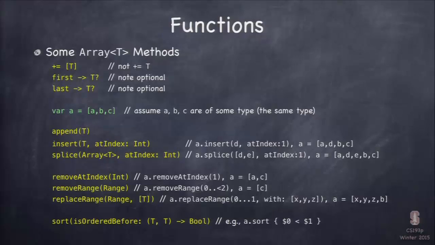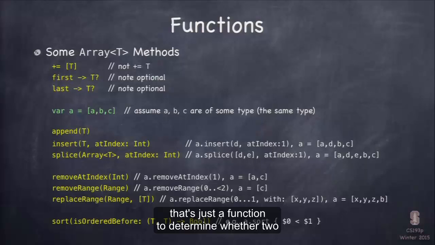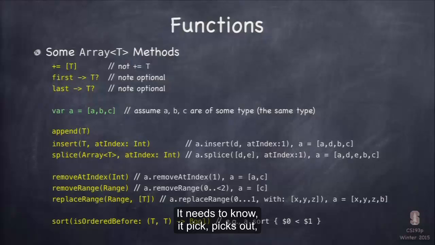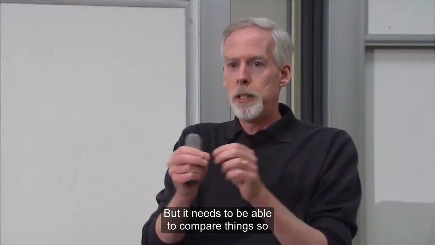There's also sorting. You can sort an array. This sorting method in array takes one argument, and that's just a function to determine whether 2 things are ordered before each other or not. Okay, so it's going through the array and putting everything in order. It picks out whatever sort it's using, quick sort, or I don't know what sort it's using in there, but it needs to be able to compare things.